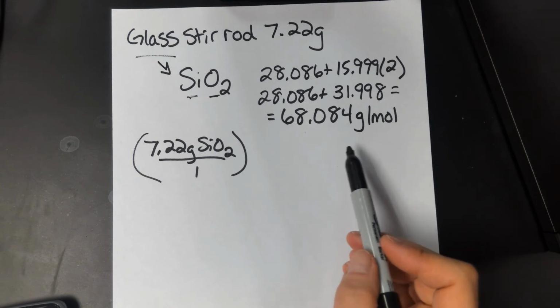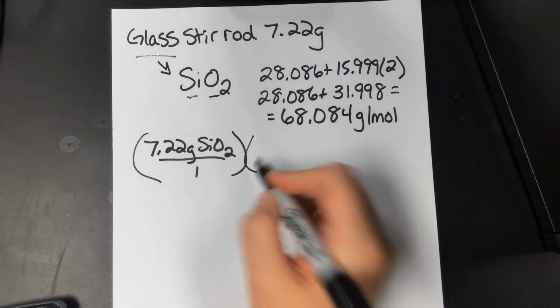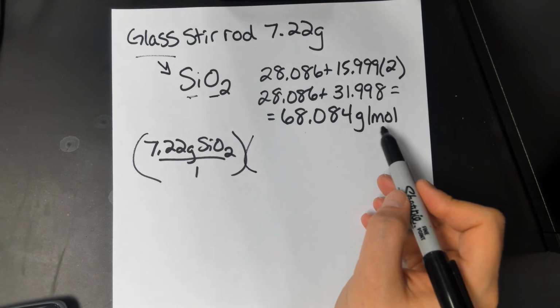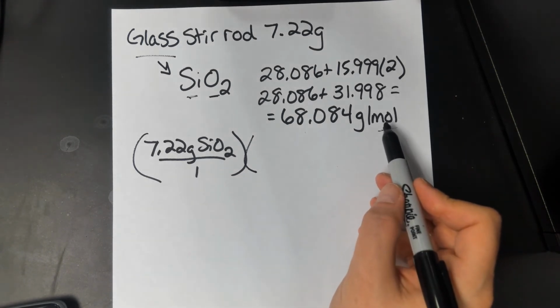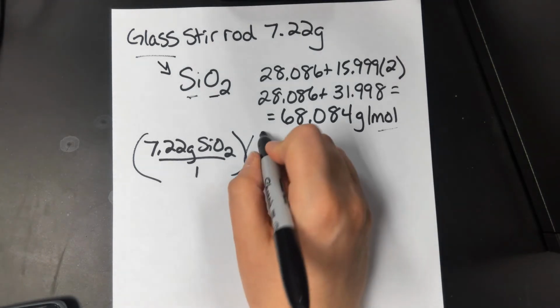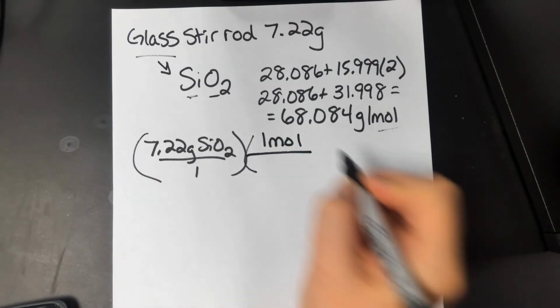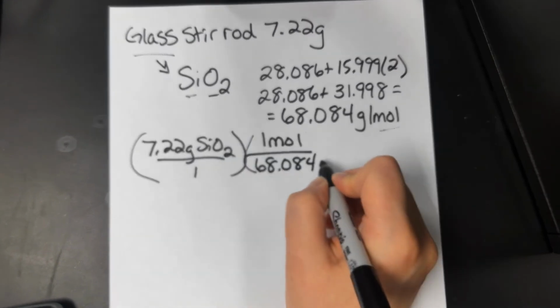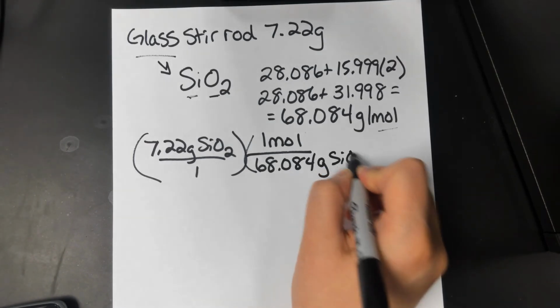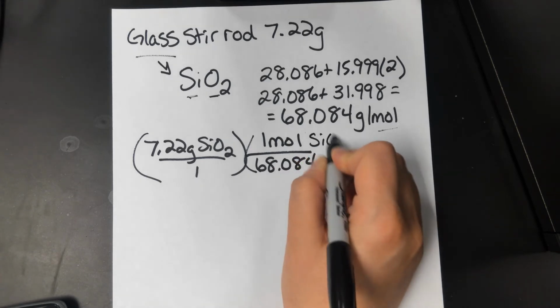The bottom, so that they cancel out. And I've heard it said before, the desired unit is mole, right? I'm looking to get mole as my final answer. So 1 mole is the same thing as 68.084 grams of silicon dioxide. 1 mole of silicon dioxide.